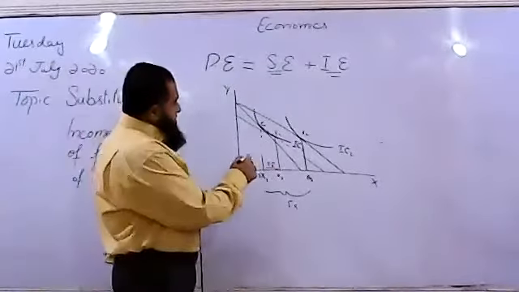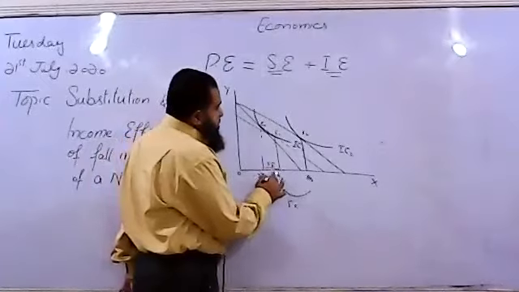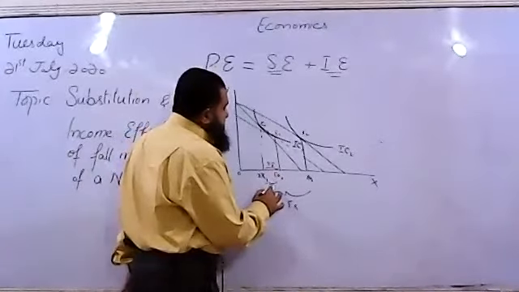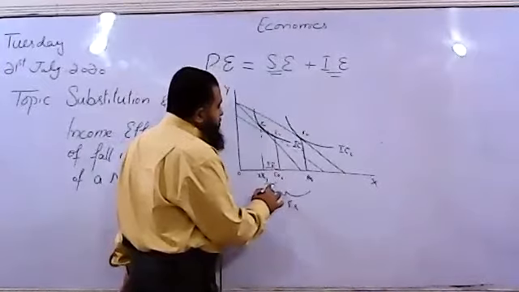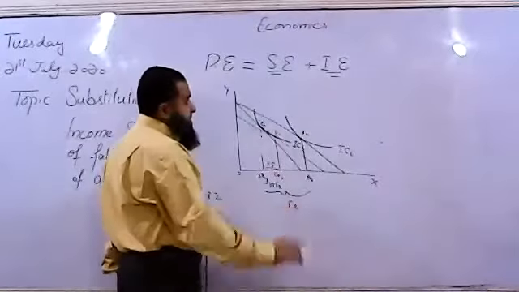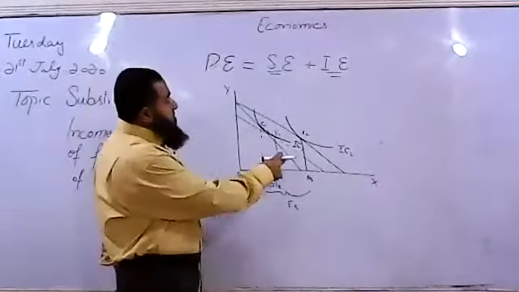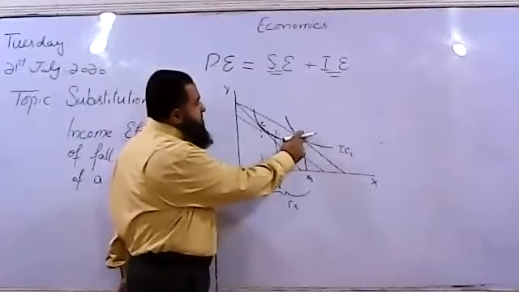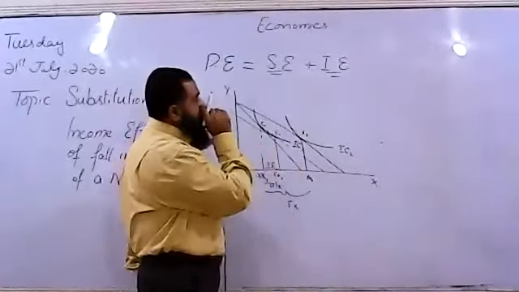Now, I can say now consumer is consuming 5 units of X. So these 2 units, 2X, are the substitution effect. All right. Now, finally, he is consuming at E3. Okay, now I'm saying this is E3 equilibrium.